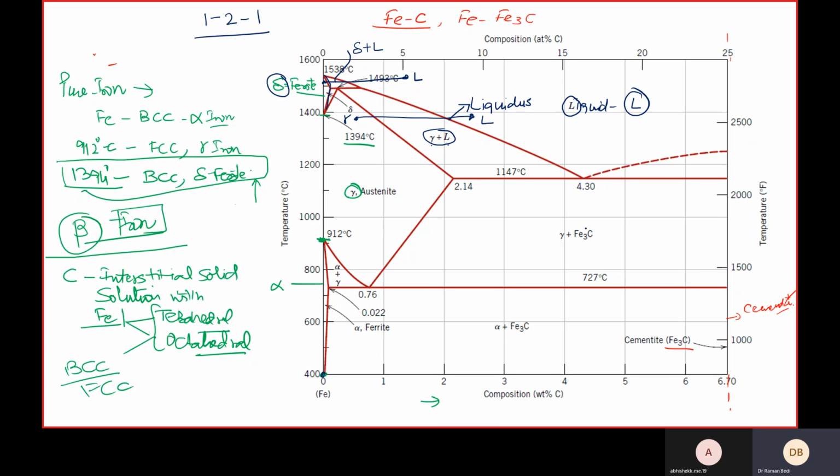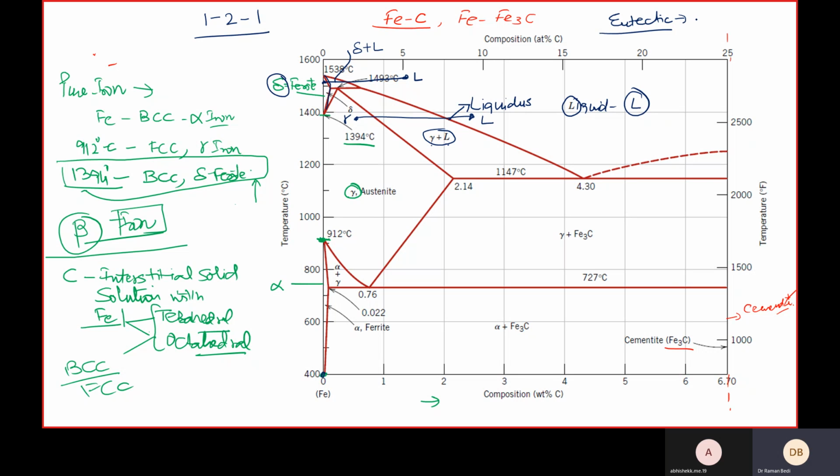Now in this diagram, try to locate the first reaction that we referred to yesterday, the eutectic reaction. Keep it in mind, what was a eutectic reaction? We said a eutectic reaction is an invariant reaction at which three phases are coexisting.